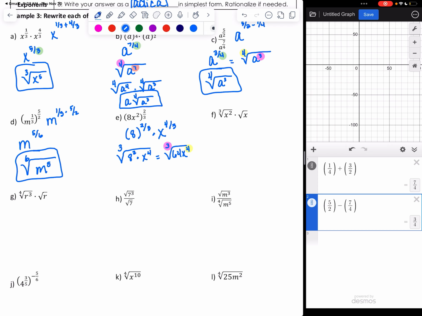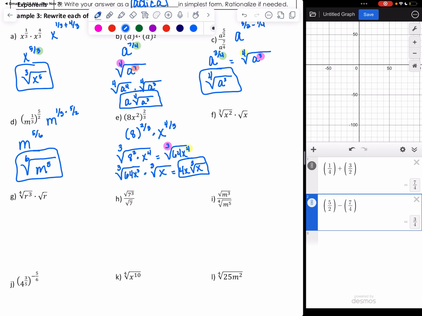So this can be rewritten as cube root of 64x cubed, those are perfect cubes, times the cube root of x to the 1. Now, the cube root of 64x cubed is just 4x. And then we have cube root x.